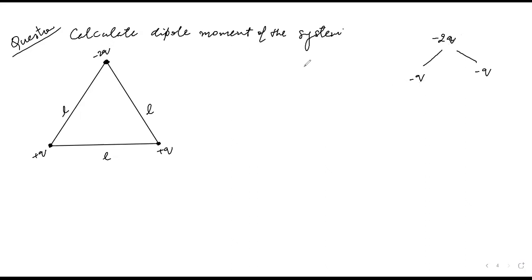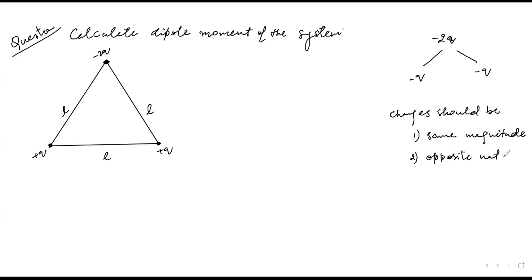The reason is that the condition of the dipole moment is that charges should be, the first condition is same magnitude. Are you clear or not? Same magnitude. And the second condition is that opposite nature. Are you clear?